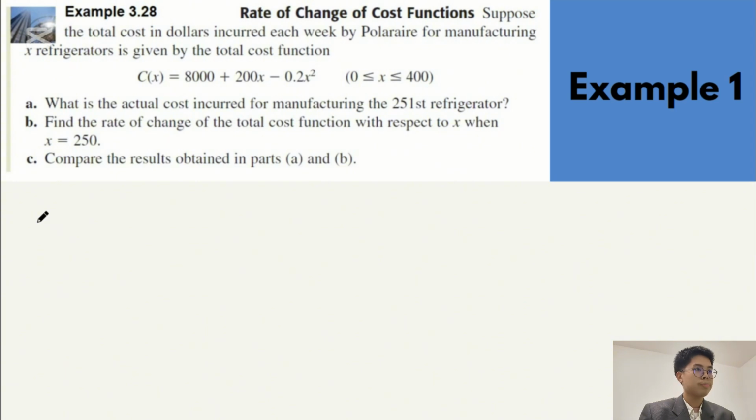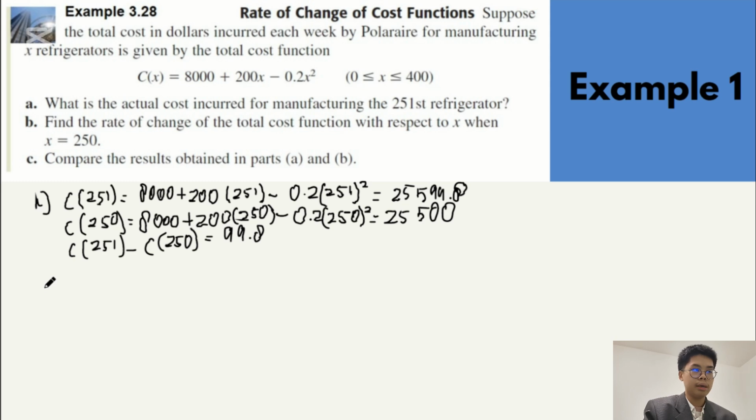The first part asks about the actual cost incurred for manufacturing the 251st refrigerator, that is, the additional cost for producing the 251st refrigerator. To find that, we need to deduct the total cost of 250 from the total cost of 251.